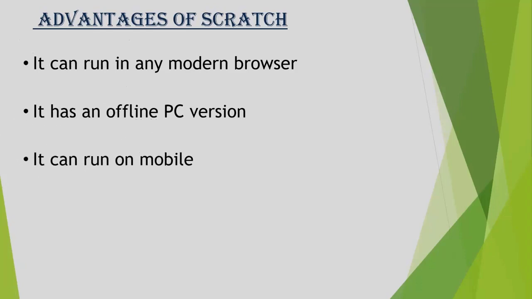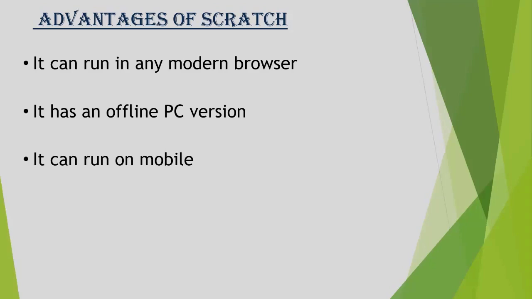It can also run on mobile. These days we have a mobile version. So in case you have your mobile phone, you can use the Scratch platform, the Scratch interface. This makes it very good because people have more devices to practice with.